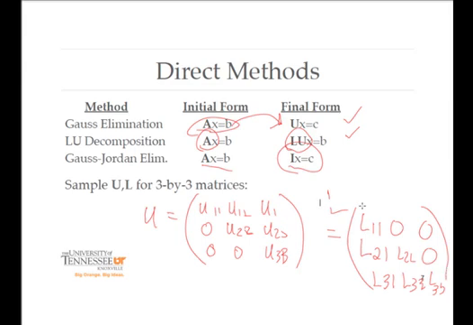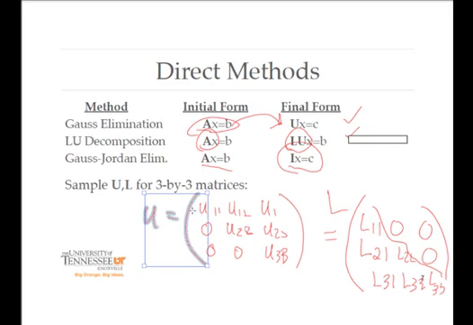So again, what we've got here is a lower triangular matrix where all the elements lie below the diagonal, versus over here in the upper triangular matrix, all of the elements lie above the diagonal.